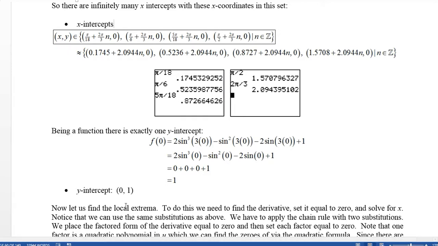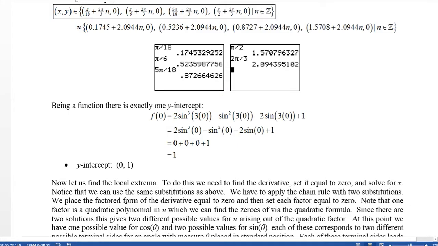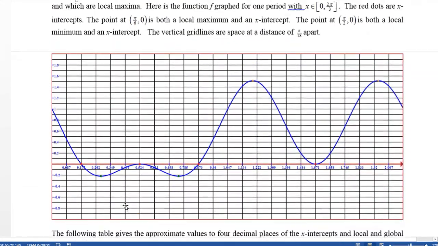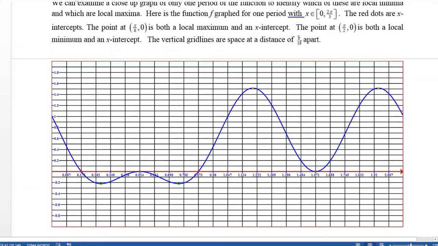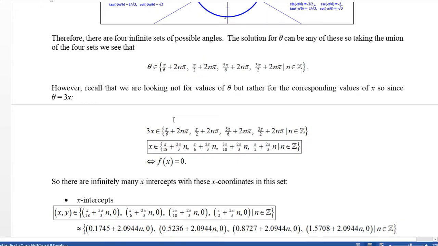Actually, that's not true. The first one actually is pi over 18, which is 2 grid lines. So actually, they're spaced out at pi over 36. Started out with a pi over 18 and decided to cut it in half. Okay, and I think I have the same spacing up here on this graph that we looked at earlier.